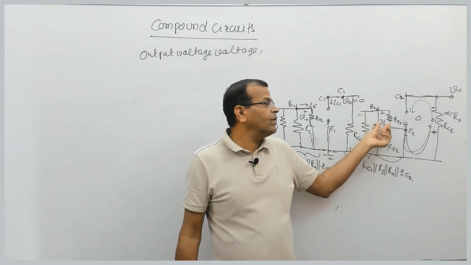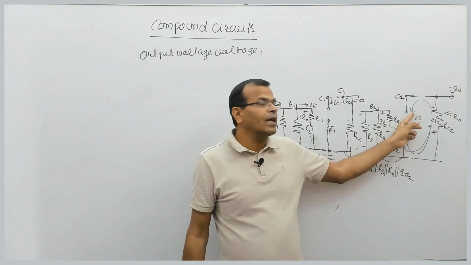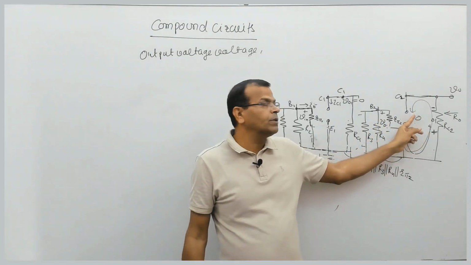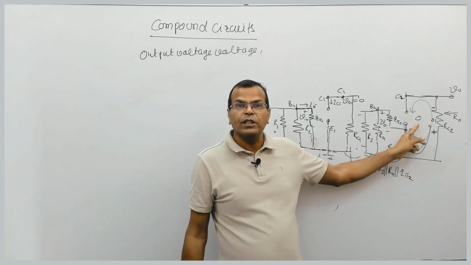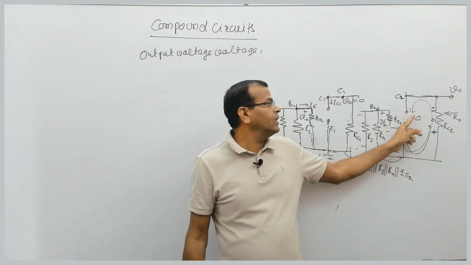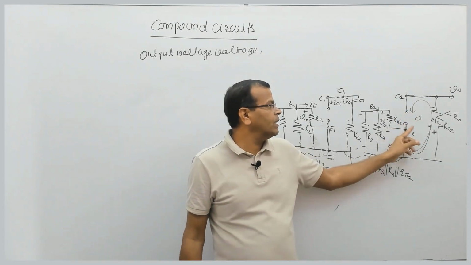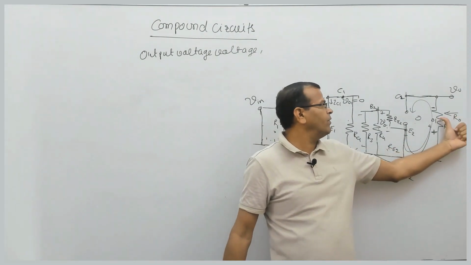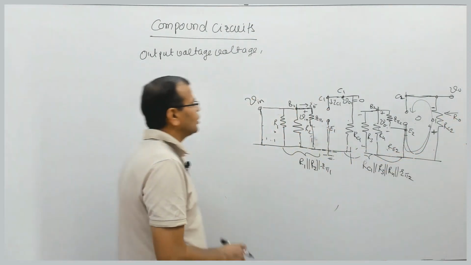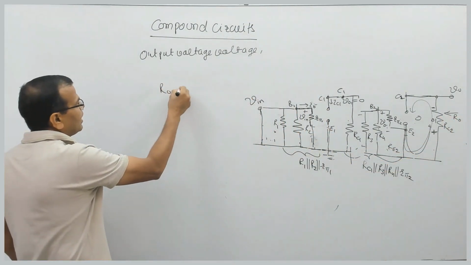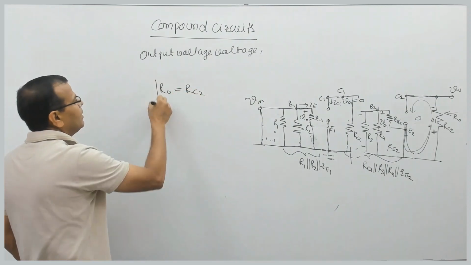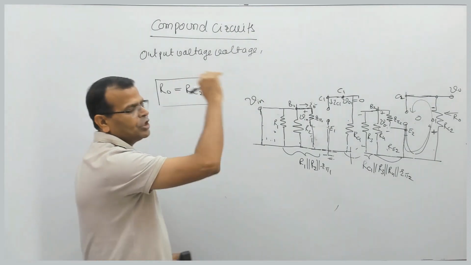When the output of the first stage is 0, this is again a voltage dependent current source, so it becomes 0 because it is dependent upon V01. If it is 0, that behaves like an open circuit. So what is the resistance seen from this side? Simply RC2. So the output resistance of this circuit will be RC2.